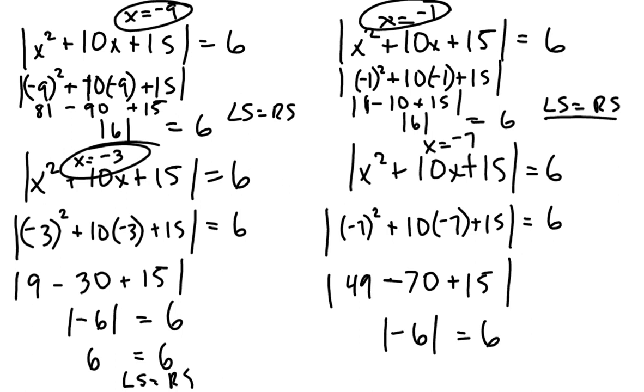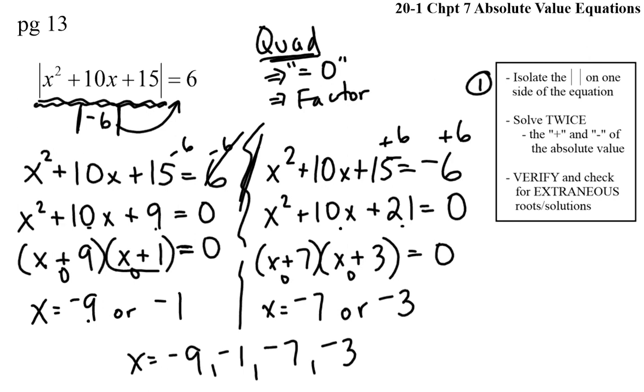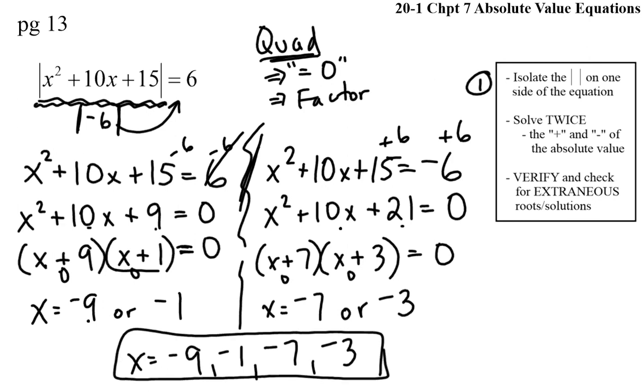And again, the absolute value of negative 6 is 6. That equals 6. Left side equals right side for a fourth time. So we have 4 solutions. All 4 verify, nothing extraneous. Solving twice: when you have a quadratic and you have to solve it twice, you get 4 answers.